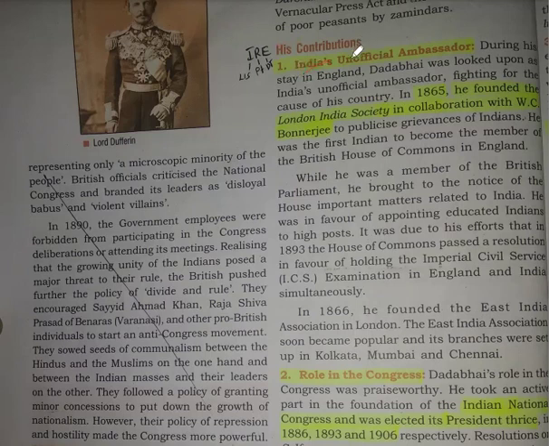Then he also founded the East India Association in London in 1866.